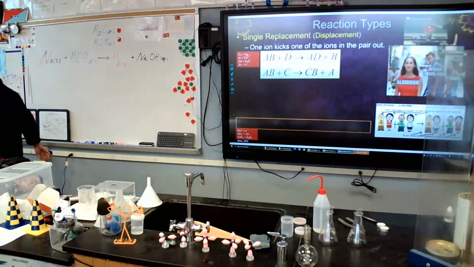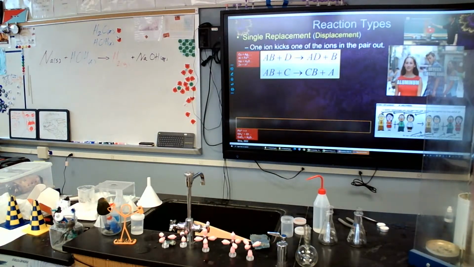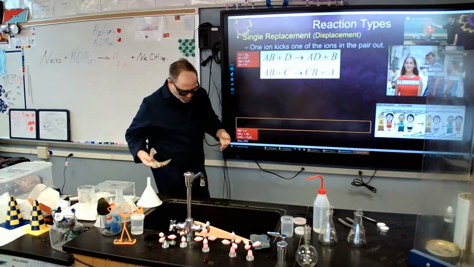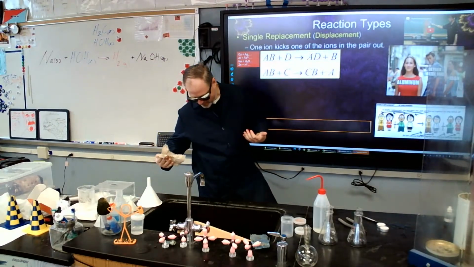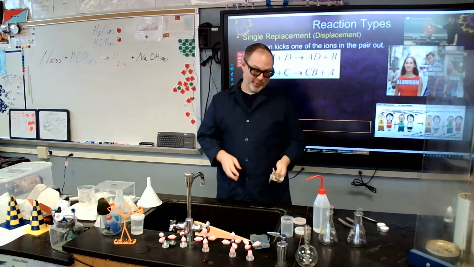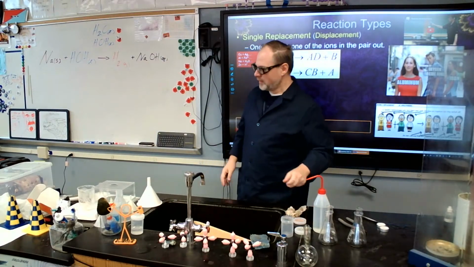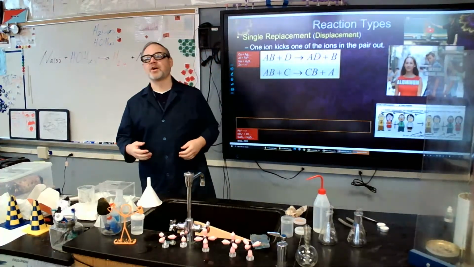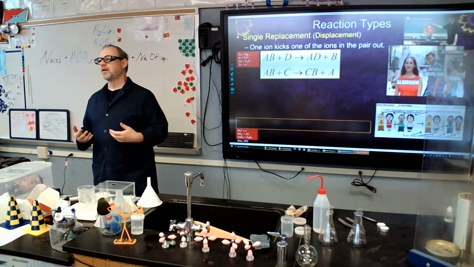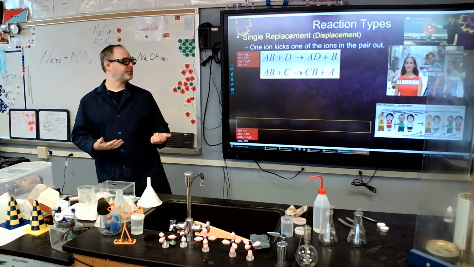One of the reaction types that we're going to do a lot in the next unit are double replacement reactions. In a single replacement reaction, a more active metal kicks out a less active thing.